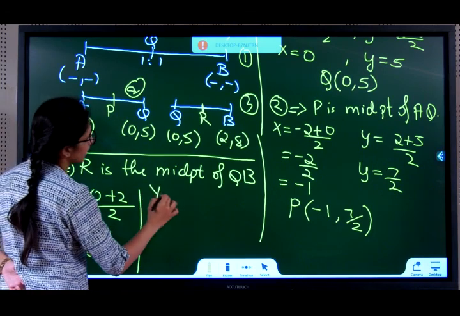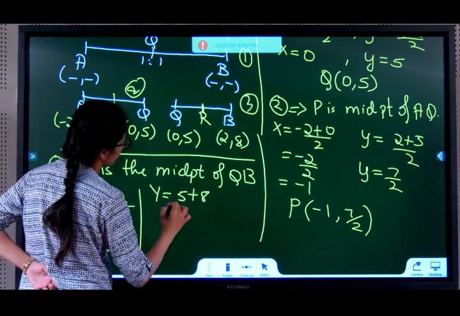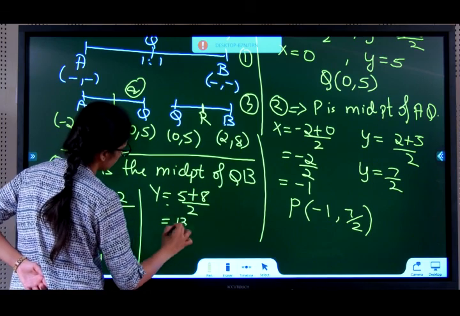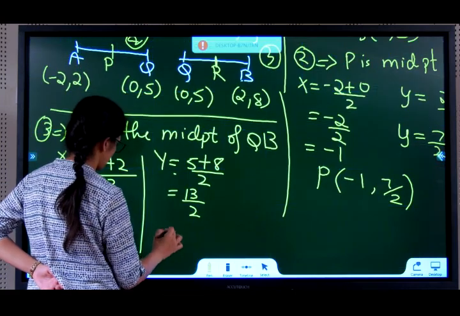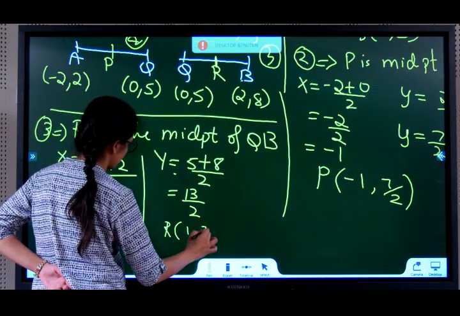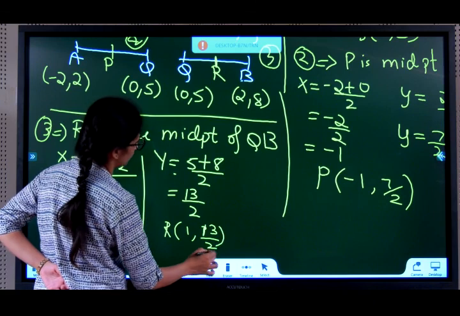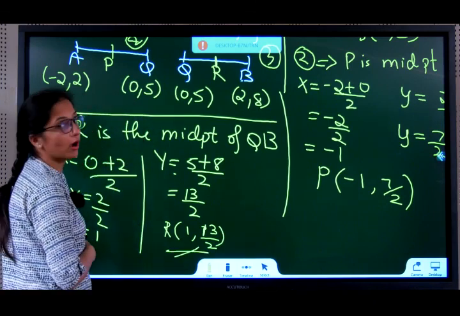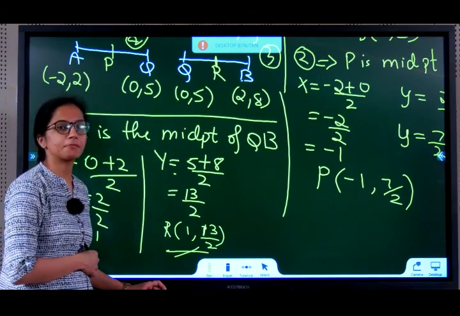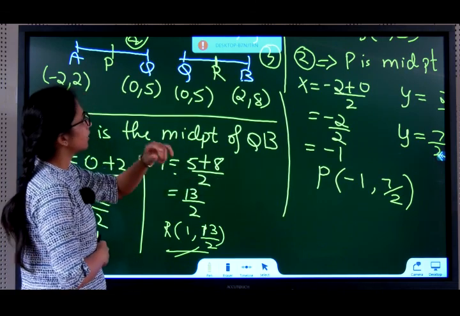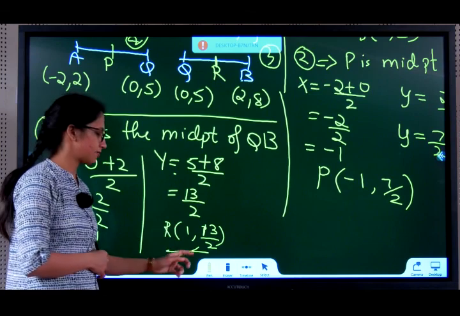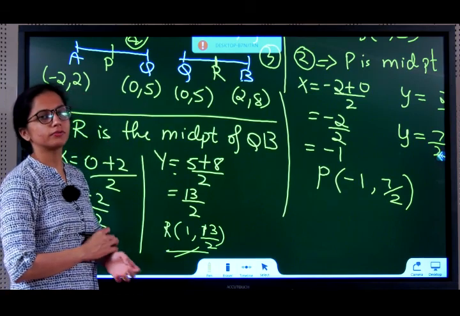And what is y? (5 plus 8) by 2, which is 13 by 2. Therefore, R is (1, 13/2). So the points of division of the line segment are (-1, 7/2), (0, 5) and (1, 13/2).